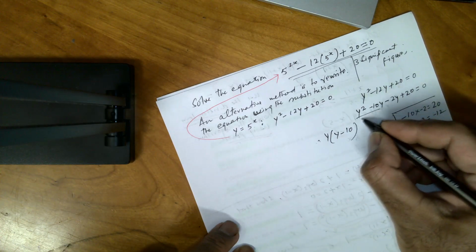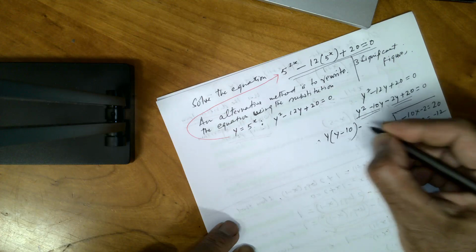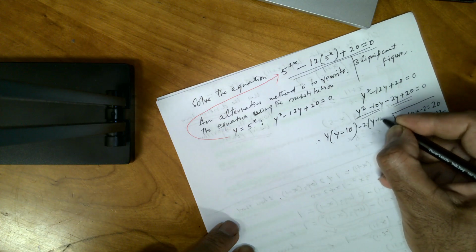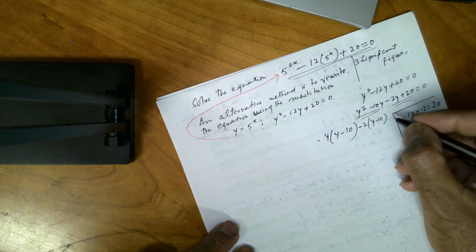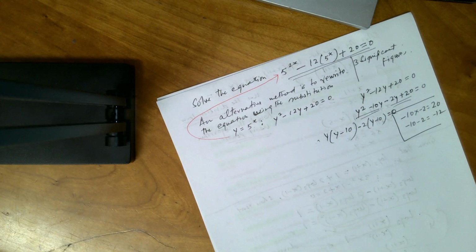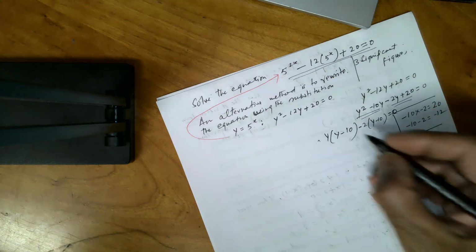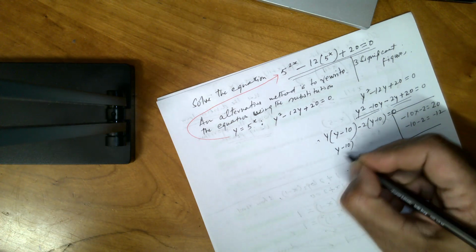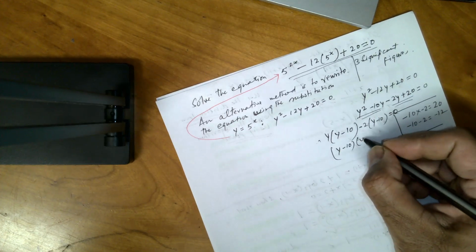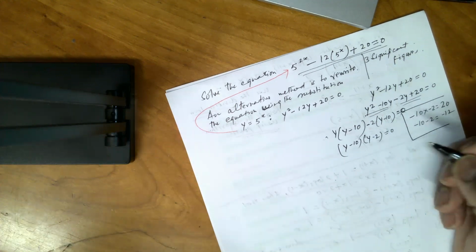We solve this first and then this, which will be minus 2 times y minus 10 equal to 0. Then you just have y minus 10, and y minus 2, that is equal to 0.